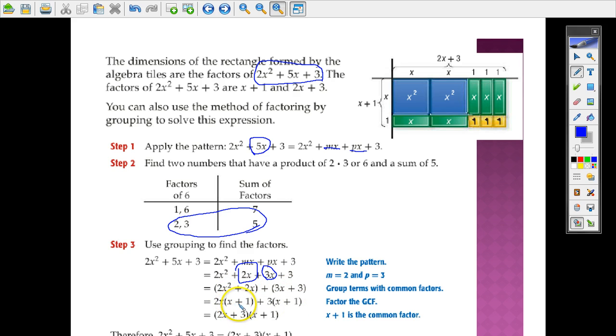And you can see that you have x plus 1 in common. So you can factor out the x plus 1. So you're left with 2x plus 3 and x plus 1. Therefore, this expression can be factored as 2x plus 3 and x plus 1. Okay?